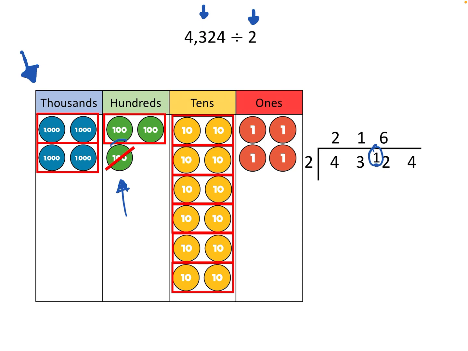This 1 represents the amount of hundreds, in this case, that didn't fit into a group of 2. Now, if we were doing groups of 5, all 3 of these wouldn't fit into a group of 5, so I would have over here a 3. That is just how many don't fit into that group and how many we're exchanging.